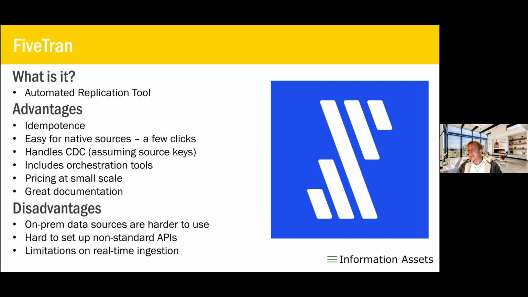And then after that, they charge you every month for all the rows that are either new or have changed. So if you had a data source that you just loaded once and it was all historical and nothing ever changed, FiveTran would be free for you forever. If you load 100,000 rows of historical data, and then every month you load 1,000 rows and update 1,000 old rows, you'd be charged for 2,000 rows a month.